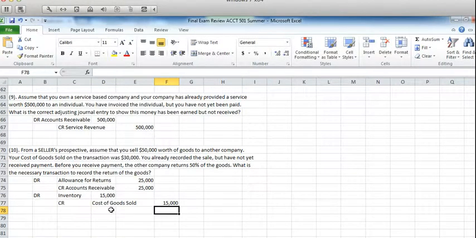Okay, so that's the format of the entry. Remember that the top part of this entry is going to reflect essentially the retail price that the customer paid for it, and the bottom part of the entry is going to reflect how much it cost us to produce, which is how it is reflected here in inventory and cost of goods sold.